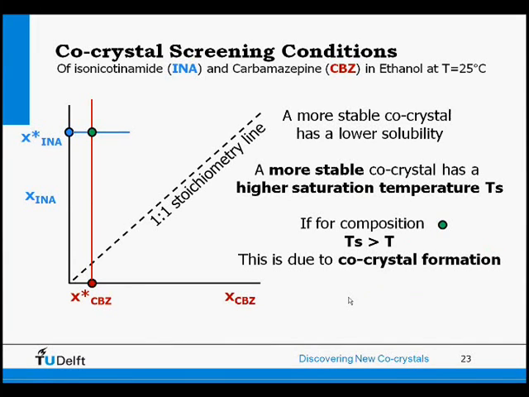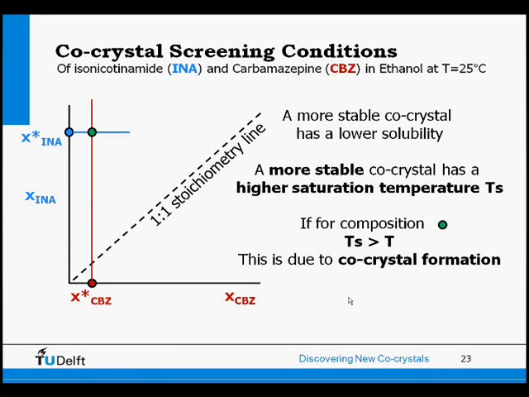So a more stable co-crystal will have a lower solubility, and that means that it will have a higher saturation temperature. So this diagram is valid for 25 degrees. If we measure the saturation temperature for a sample that consists of the green point, and we measure a saturation temperature that is higher than 25 degrees, we can assume that this is due to co-crystal formation.